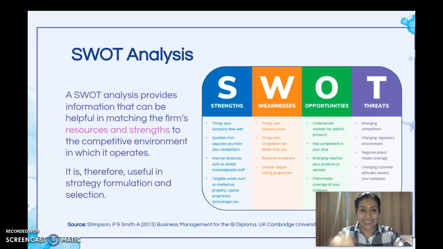So they are external, they are out there, but they can also have a possible influence, okay? And this information also can be useful in the strategy formulation and also in the selection of the strategies that we may apply, okay?